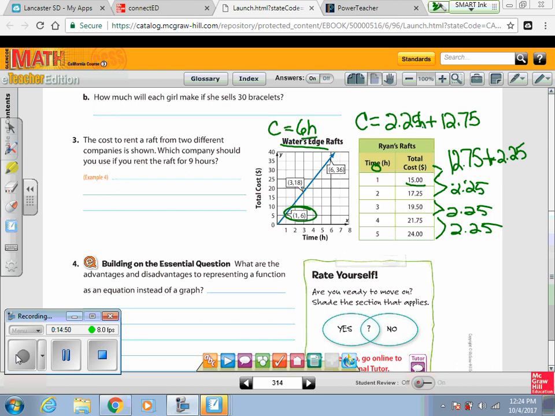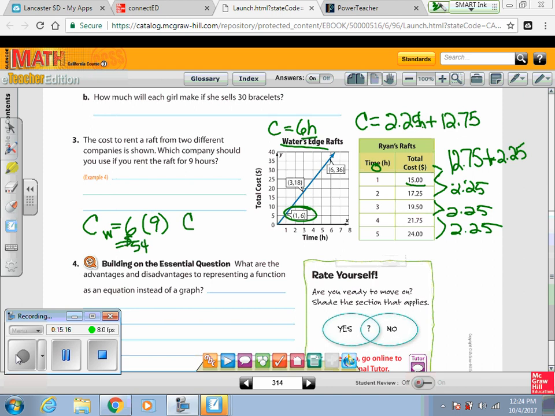So when you do which company would you use for 9 hours, now you have your 2 equations, you can figure out which one is going to be cheaper. Okay, so for the cost of Water's Edge, it's 6 times 9 hours, which is $54, right?